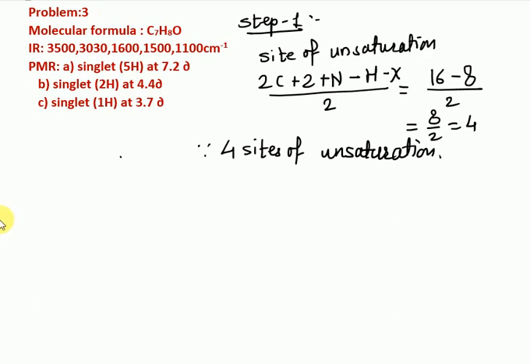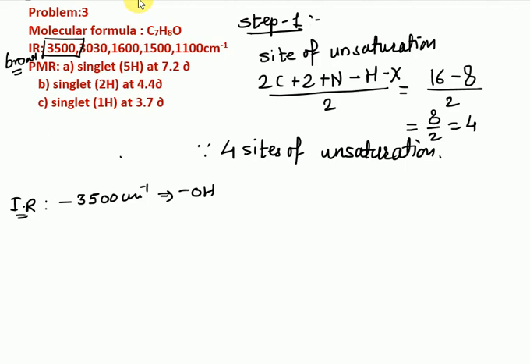Let us see the further IR data. The first IR value, 3500, indicates the presence of either NH or OH bond. But here this peak is broad, and a broad peak indicates hydrogen bonding, meaning the peak at 3500 per centimeter indicates the OH stretching frequency, the presence of an OH group.